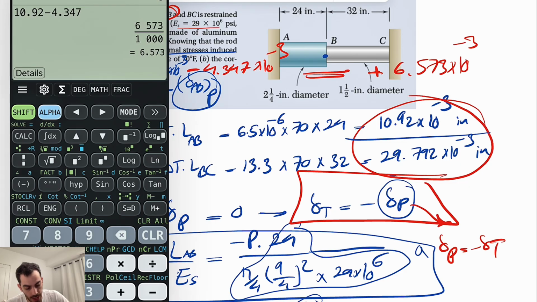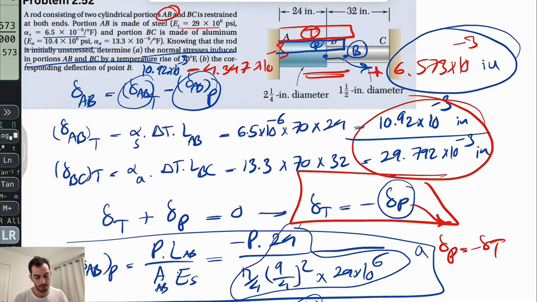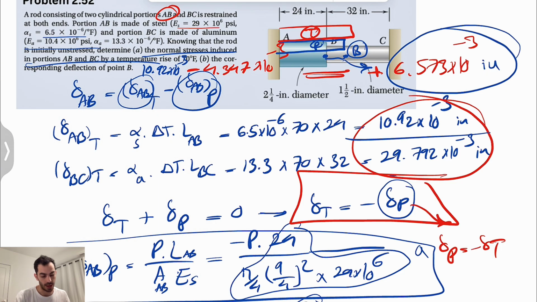Which means we had a little bit of expansion because of the temperature, and after that a little bit of compression because of the force P, and at the end this will be the new location of B, which is 6.57 times 10 to the minus 3 inches away from the previous point that we had for B.